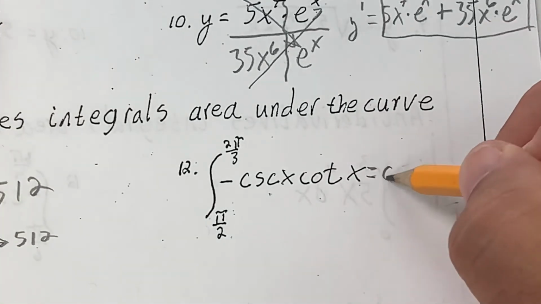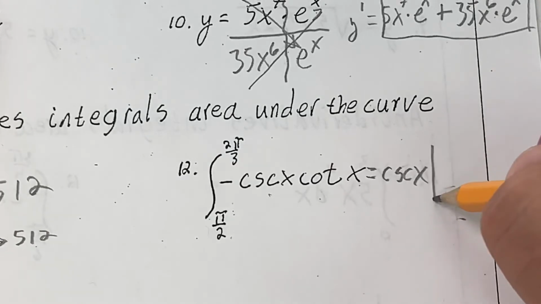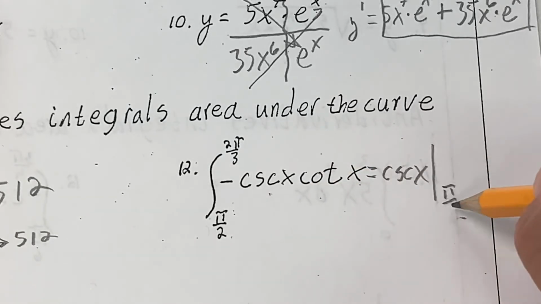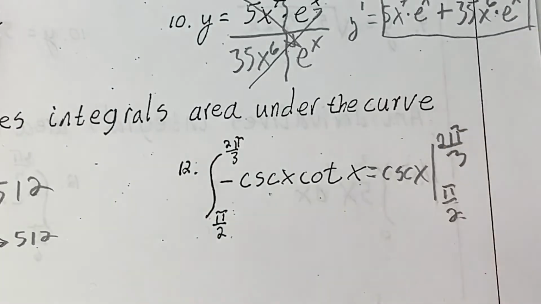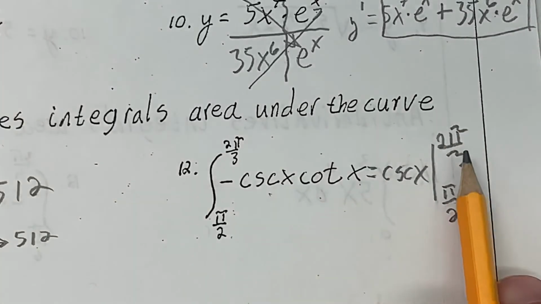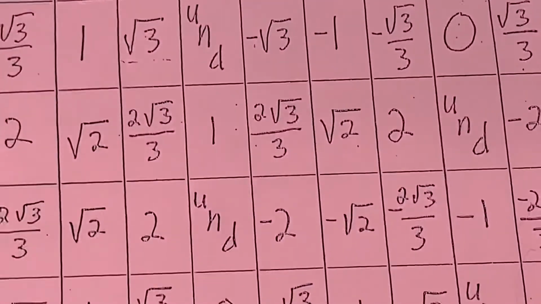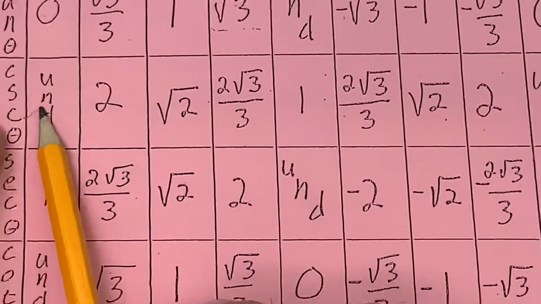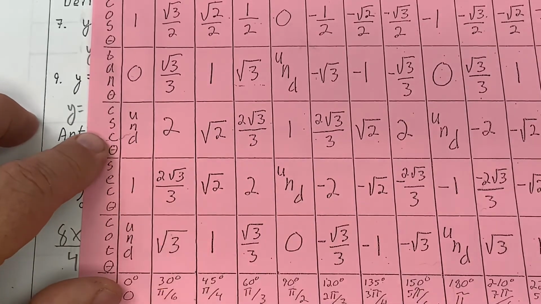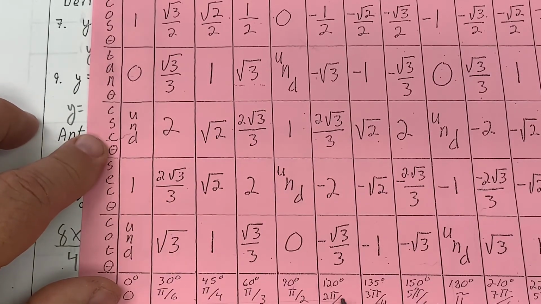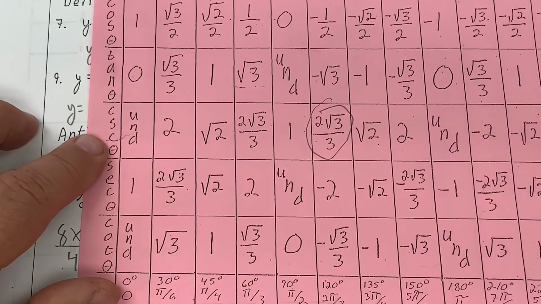So this is going to equal cosecant x evaluated from pi over 2 all the way up to 2 pi over 3. So I need to find out what cosecant of 2 pi over 3 is on my table. So cosecant of 2 pi over 3 is going to be 2 root 3 over 3.